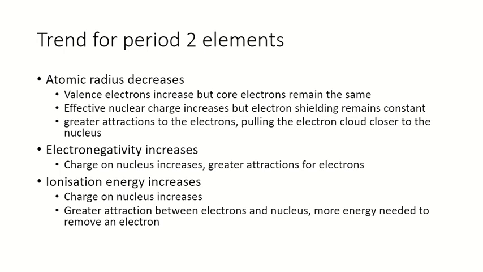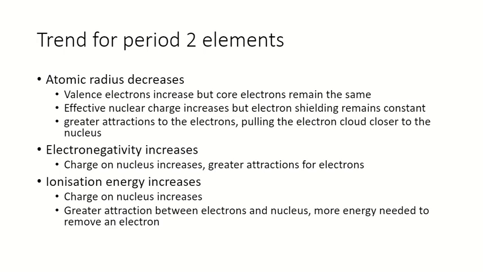Therefore, the effective nuclear charge of the element increases, but the electron shielding of the element remains constant. This causes the element to have a greater attraction to the electrons, thus pulling the electron cloud closer to the nucleus. The electronegativity also increases across the period.